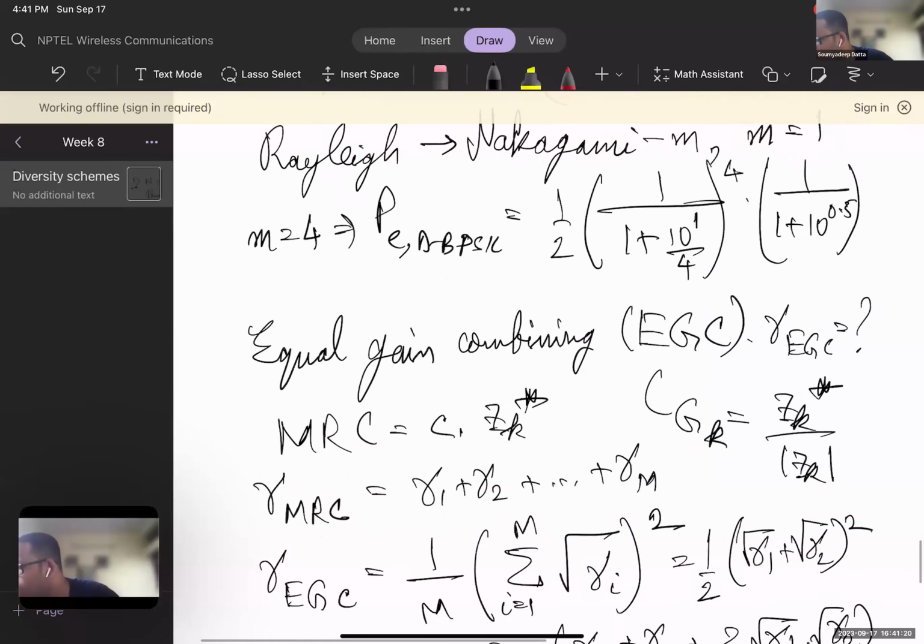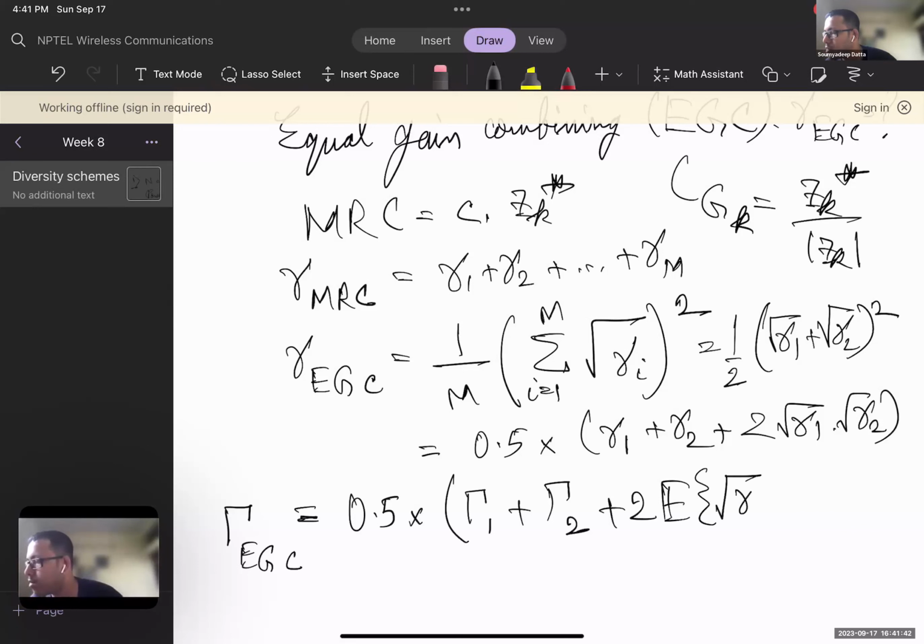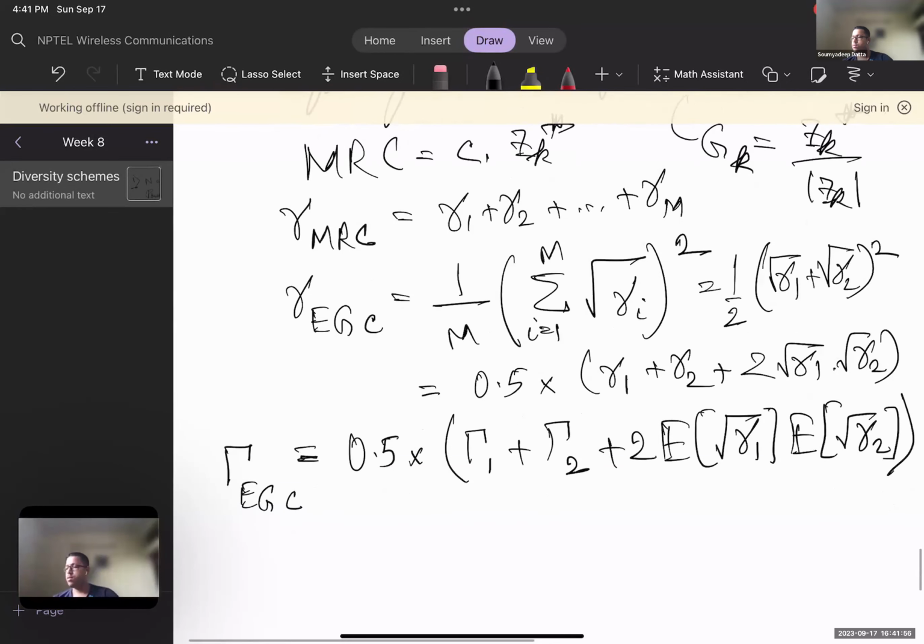Now, the average value of gamma 1 is capital gamma 1. The average value of small gamma 2 is capital gamma 2. And then I have to take the average values of these roots. Both are independent variables, so I'm just writing them separately, I can take the product. These two I know. Capital gamma 1 average SNR is 10 dB and this is 5 dB. Right? So this I know.